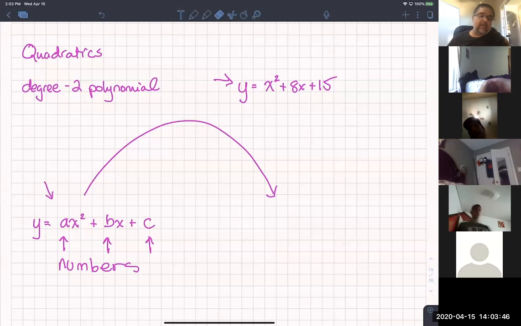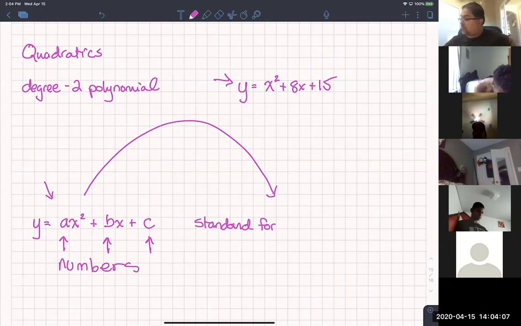So a quadratic equation is any equation of degree 2. That means the largest exponent in that equation is 2. The shape of a quadratic equation is a parabola. The standard form or general form is given by this equation. A, B, C are numbers.